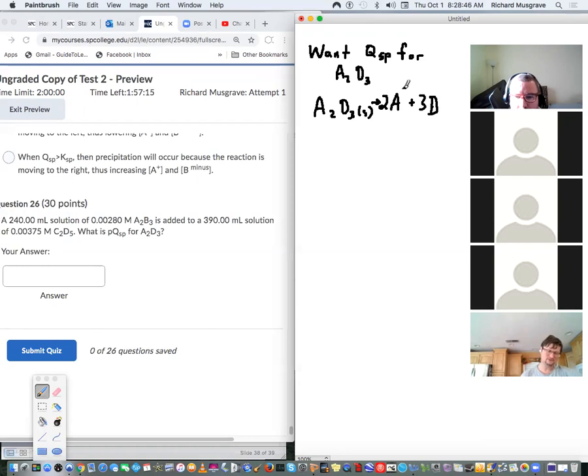It would probably be A3 minus and D2 plus in reality, but it doesn't really matter what those charges are. What is really important though is to know that if I have A2D3 as a solid, it's going to split up into 2 A's and 3 D's. But I think that's pretty clear. Is anybody uncertain about that?